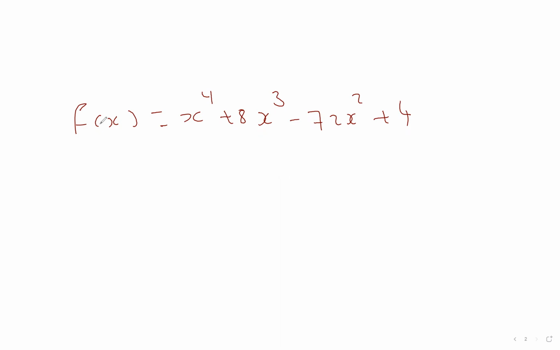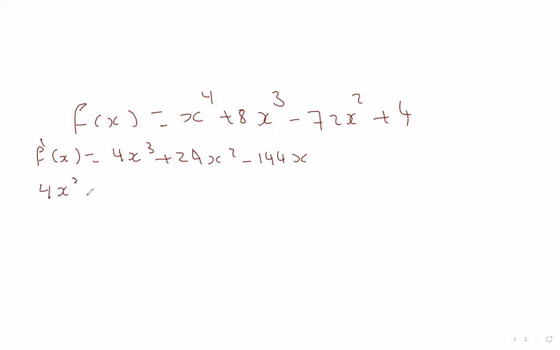F of x equals x power of 4. To discuss the monotonicity and the concavity and the inflection point, find the first derivative of the function, which is 4x power of 3 plus 24x power of 2 minus 144x. Okay, make it equal 0 to find the maximum and minimum points.